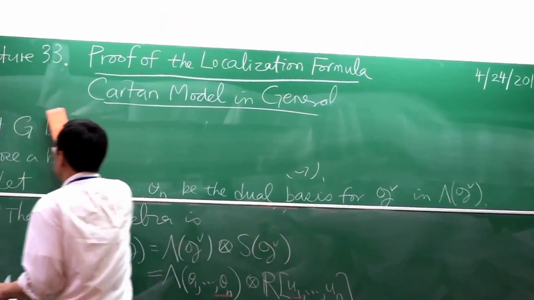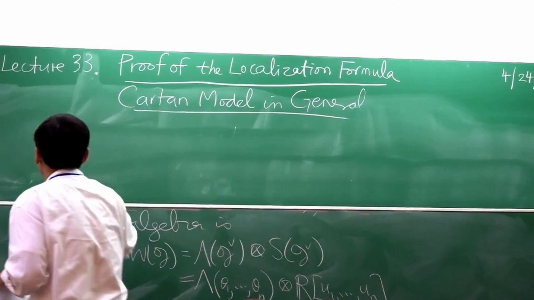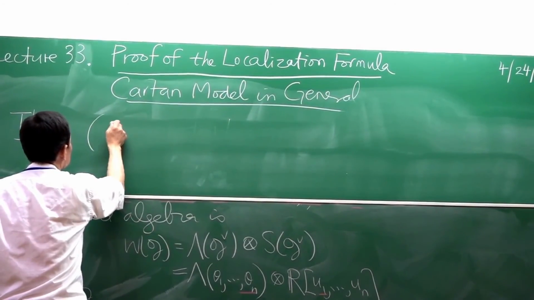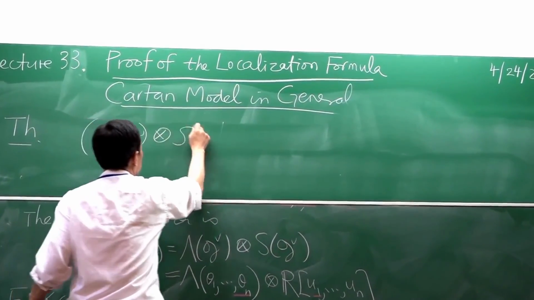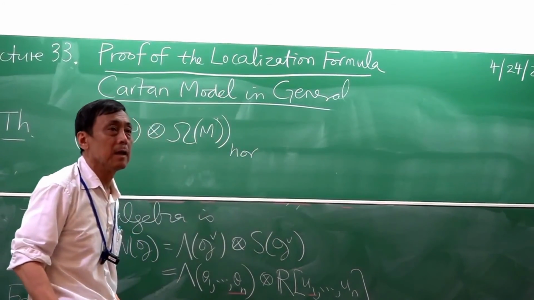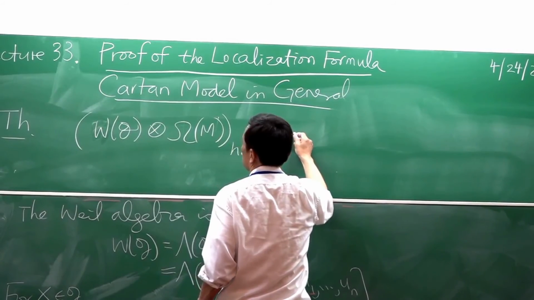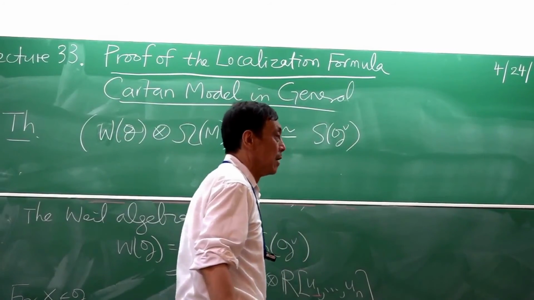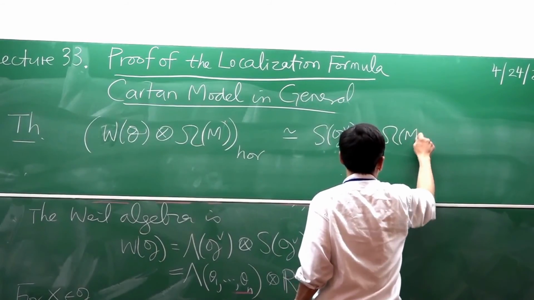Now the first theorem is that the horizontal elements in this tensor product are precisely the symmetric algebra tensor with omega n.